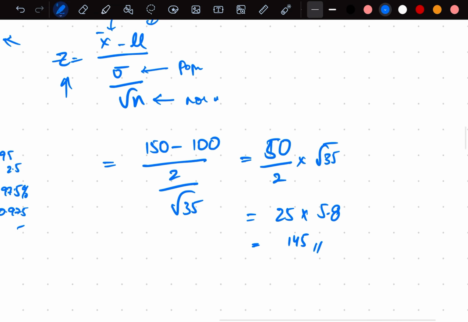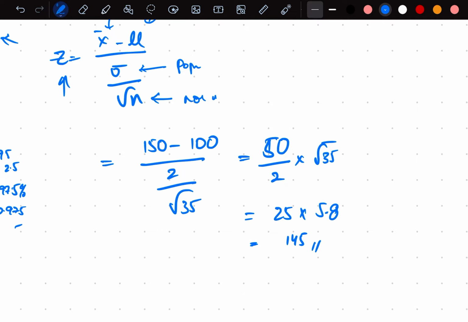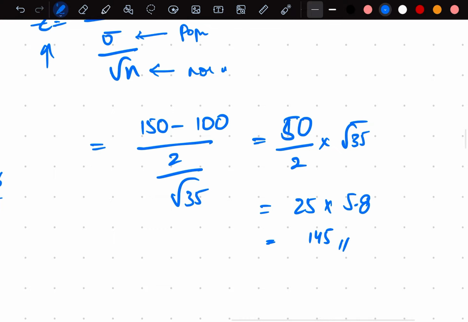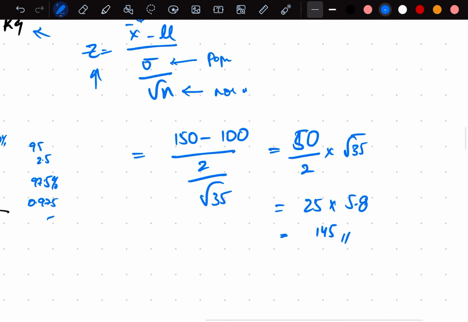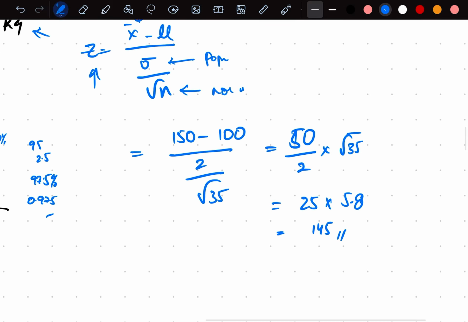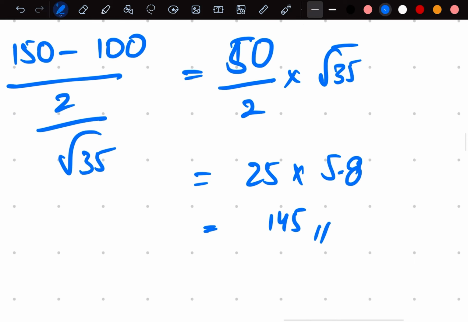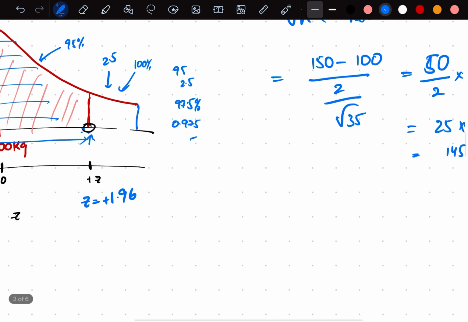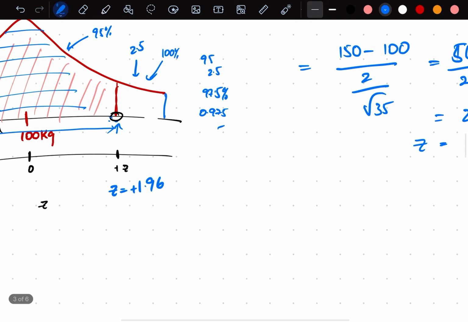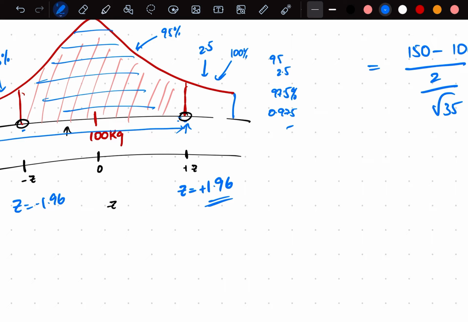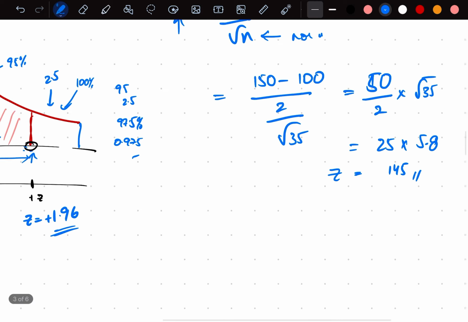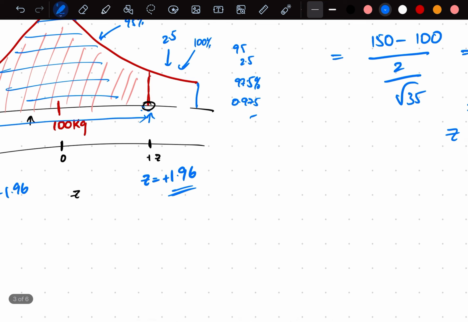Let me cross check whether I did everything right or wrong. Okay, it says our z value is 145, and the critical z value is 1.96. It means our 150 lies somewhere here. It means it is too far away. 1.96 and 150, it's too far away.